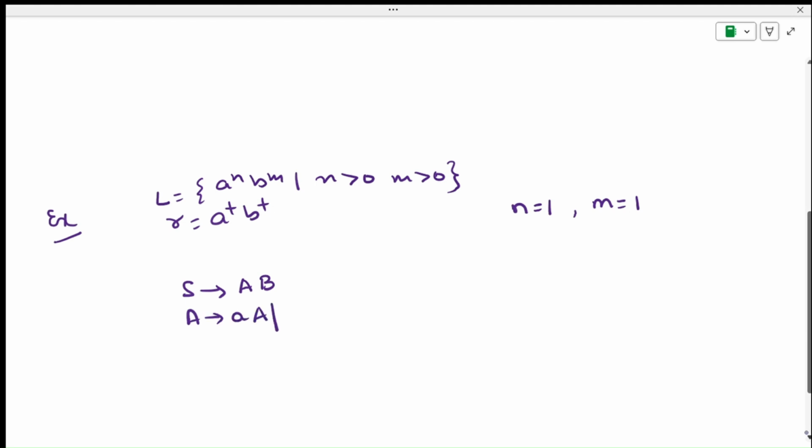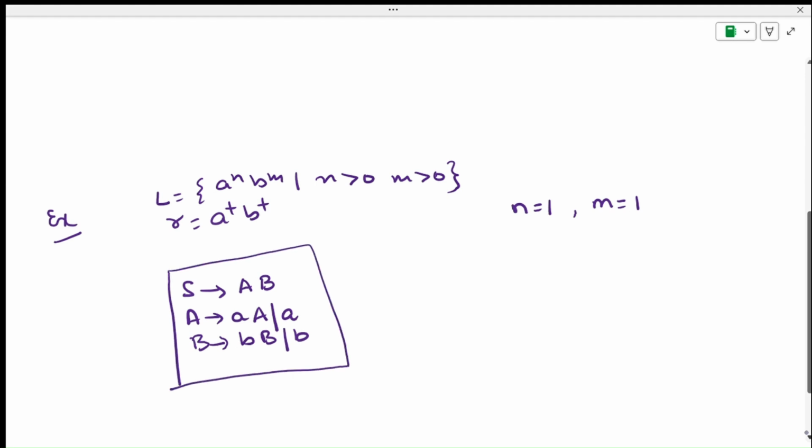A goes to aA or a, B goes to bB or b. That's it. So the smallest possible string I can generate from this grammar is ab. This is the smallest possible string we can have.